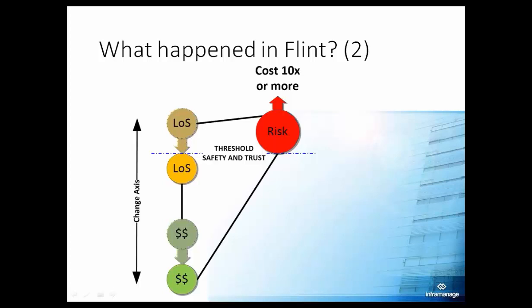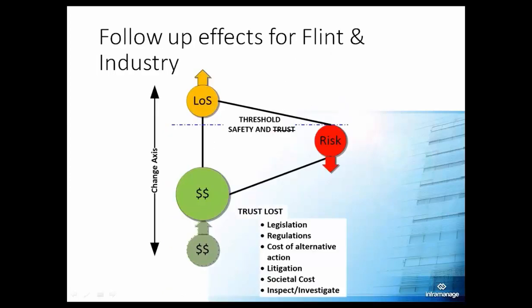So in Western society, if you're in a dictatorship, what would happen in that sort of circumstance, they'd probably arrest people or shoot them or whatever they do. In a Western society, what happens is this final diagram here. We spend a whole lot of money to fix the problem. That pushes the service levels back up again. The risk comes down below the safety threshold, so we've now got safety, but we've lost trust and we never get it back for a very, very long time.